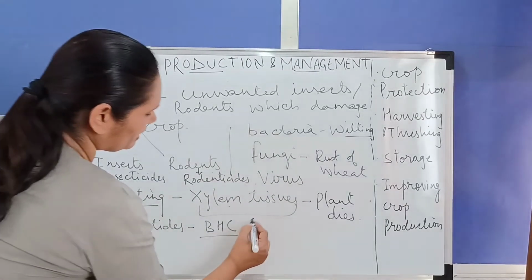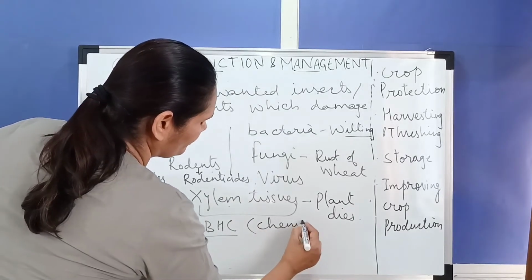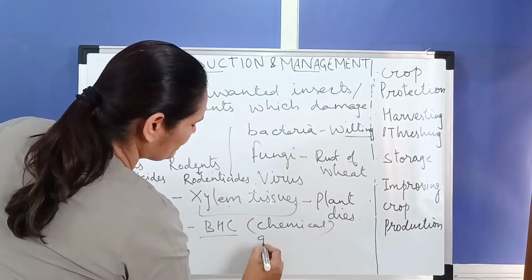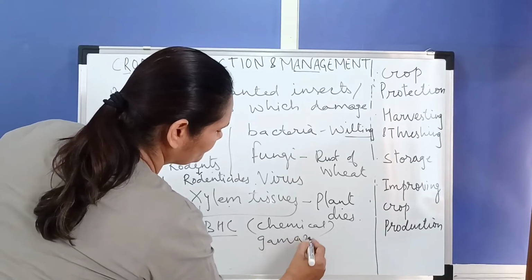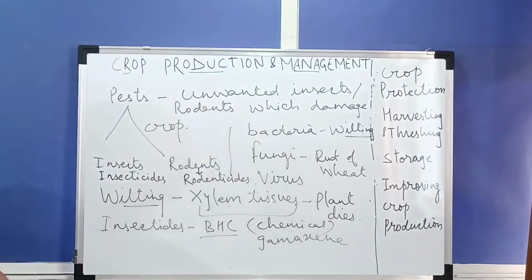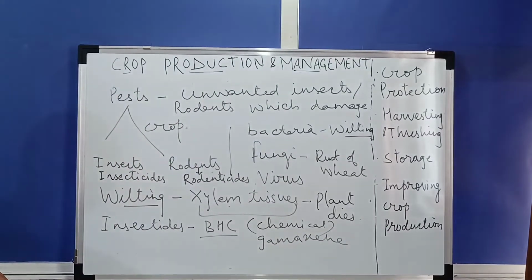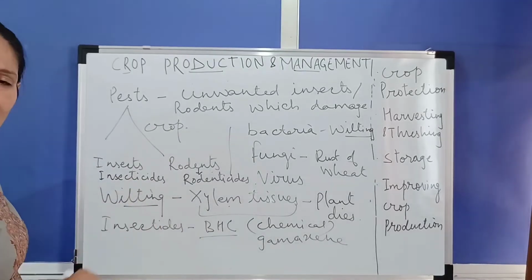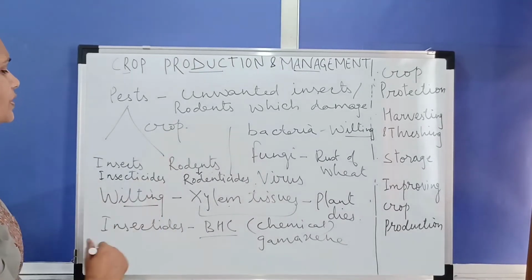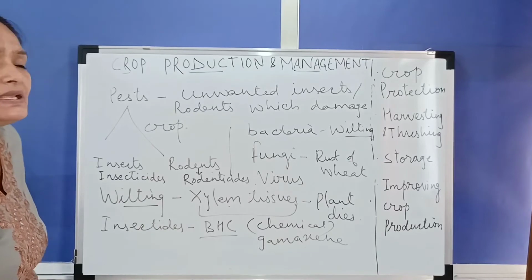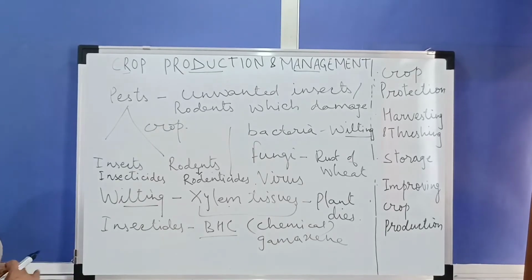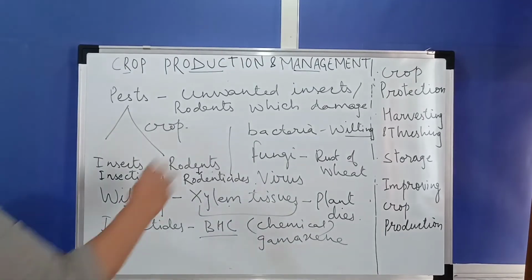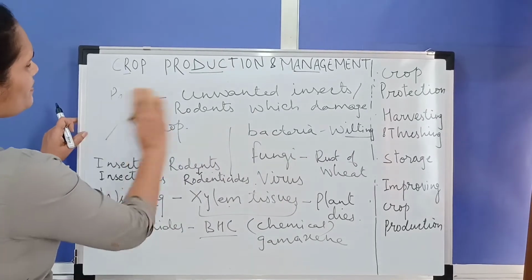So this is a chemical which is also called gammexane, right? So this is an insecticide. And rodenticides are again some chemicals which prevent the rodents from coming into the fields and eating the crop away. Okay, so this is how the crops are protected from the weeds and the pests.